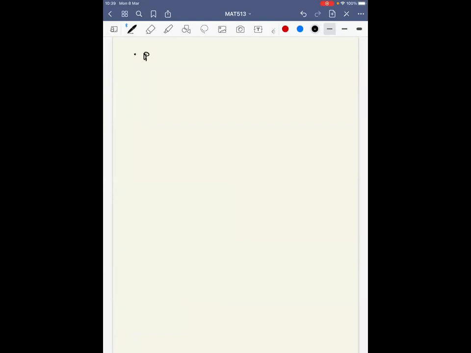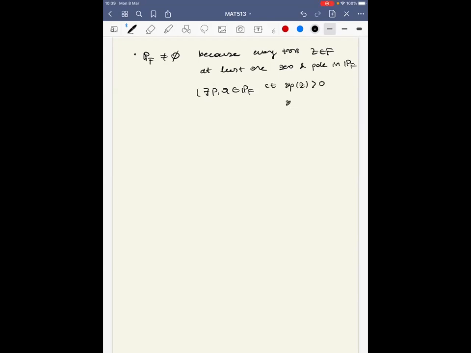And as I mentioned before, the set of places is non-empty, and the reason is that every transcendental element has at least one zero and one pole in F. So that means there exist places P and Q such that v_P of z is positive and v_Q of z is negative.